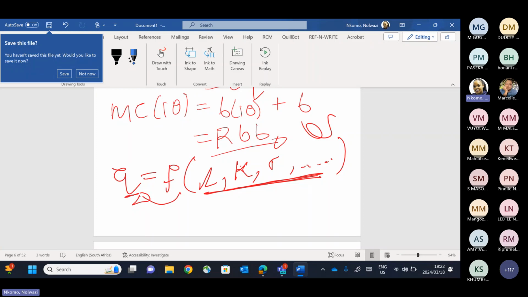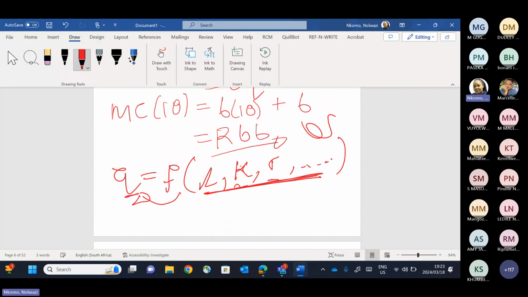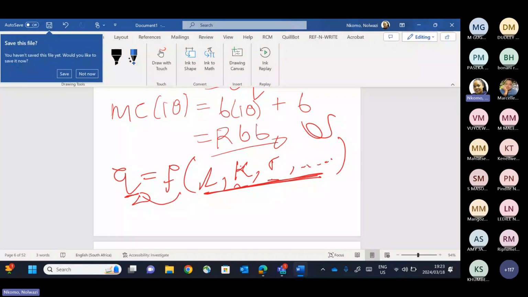But in this module, we assume that the inputs, like physical capital, raw materials, and technology, are all fixed.